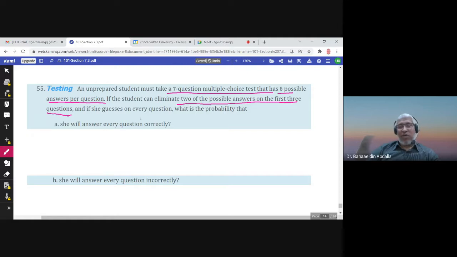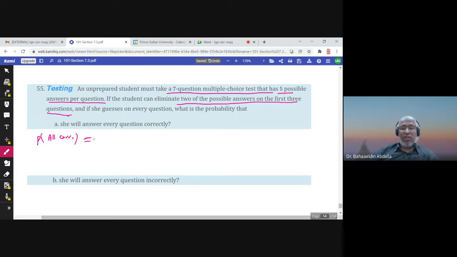How many questions are there? 7 questions. The probability that all are correct would be the probability that the first is correct and the second and the third. So it's the product rule, and all are independent.